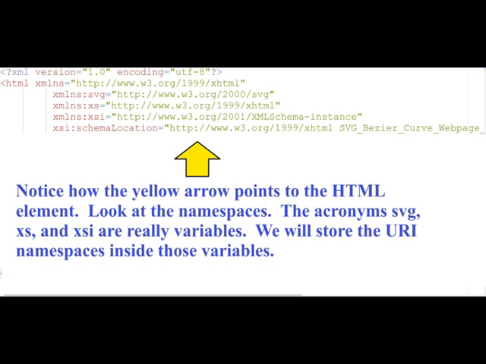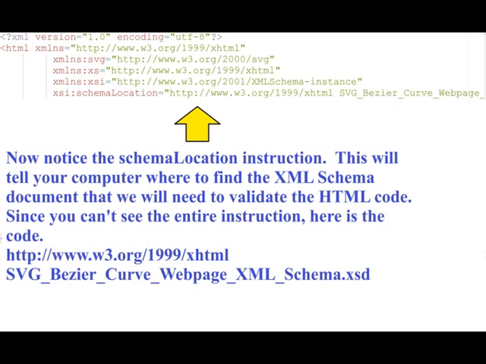That's why I have multiple namespaces in my HTML declaration. And yes, we will eventually validate this project. I've been having problems validating it, and I'll explain that at the end of my video. When I get that all fixed up, I will present that in a future video.